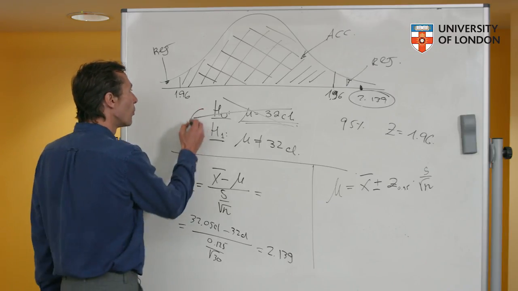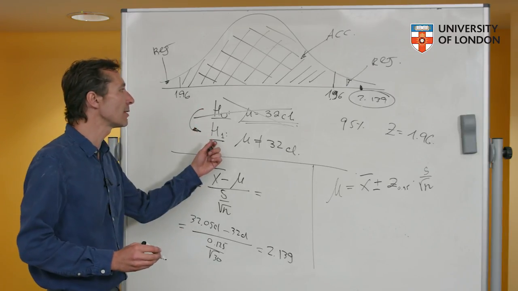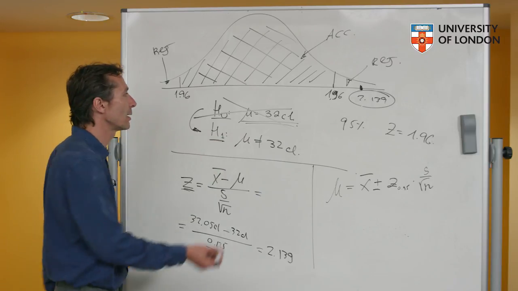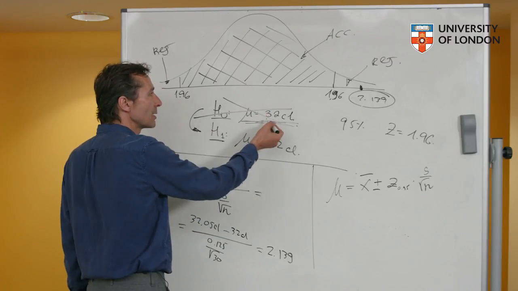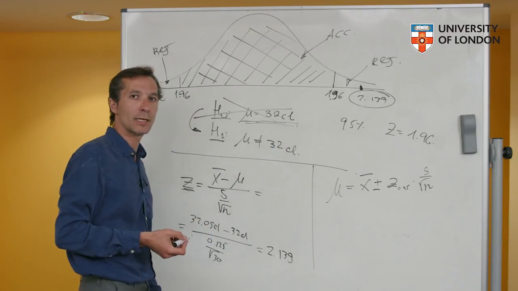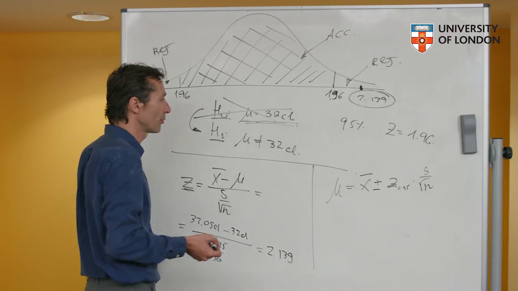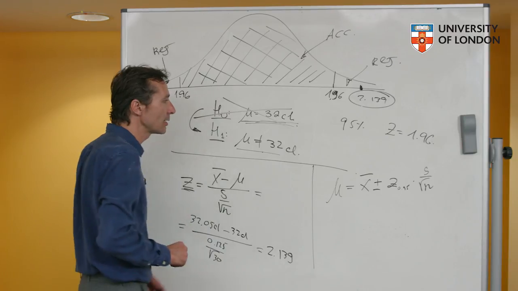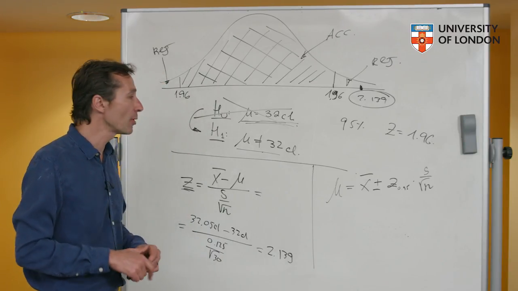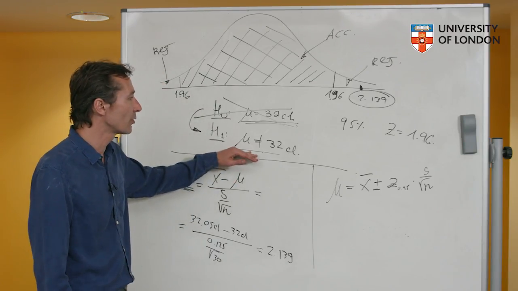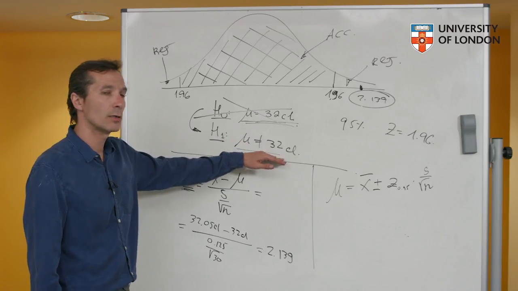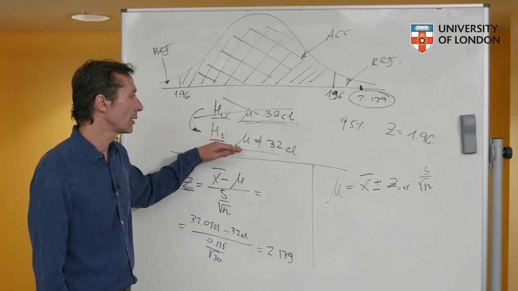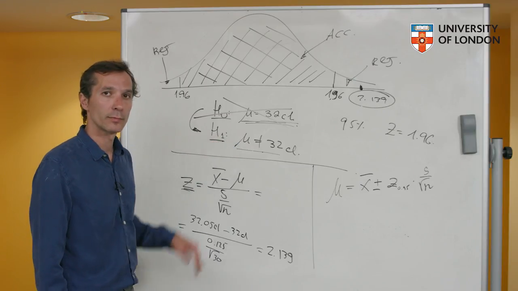And therefore, we accept the alternative hypothesis. In other words, we say that our null hypothesis that the average of cans is 32 centiliters is incorrect with 95% confidence. And the alternative is correct. But it's very important to understand what alternative means. It means that we do not know whether it's greater or less. It can be either.